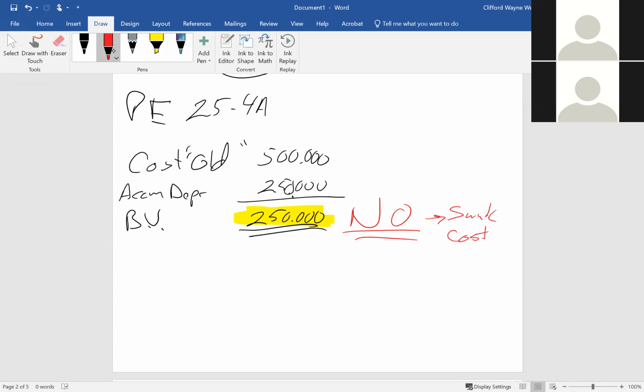But it told us that we could actually sell this. A proposal is to sell the old equipment for $320,000. Is the $320,000 sales price relevant? The answer is yes.